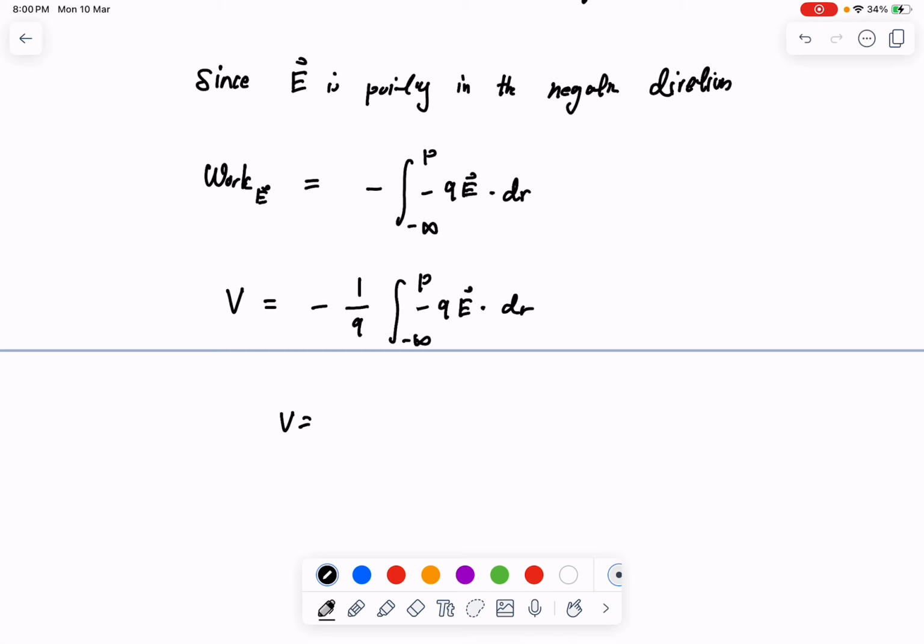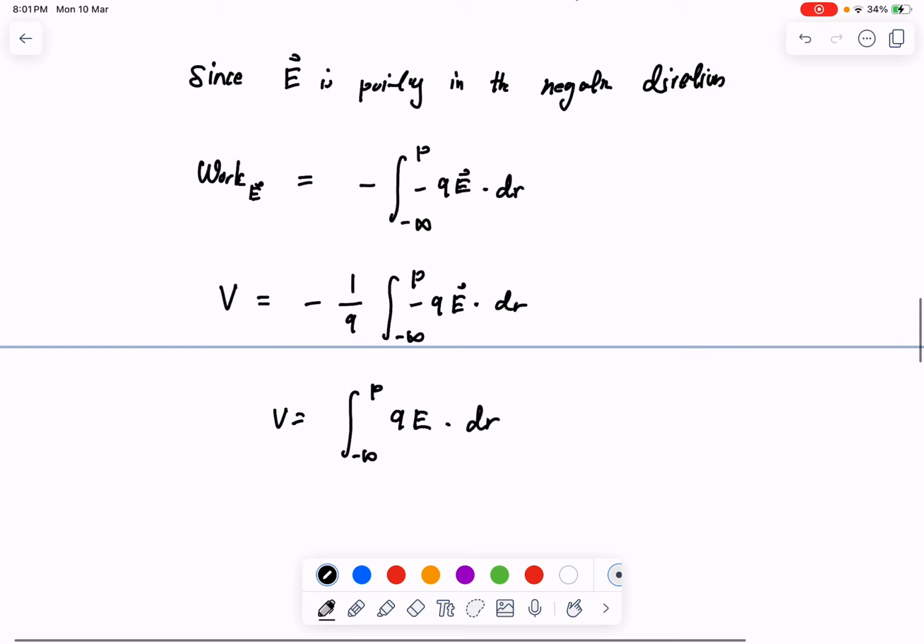So V is given by the negative integral from negative infinity to P of q times E dot dr. Sorry, it's just E dot dr.